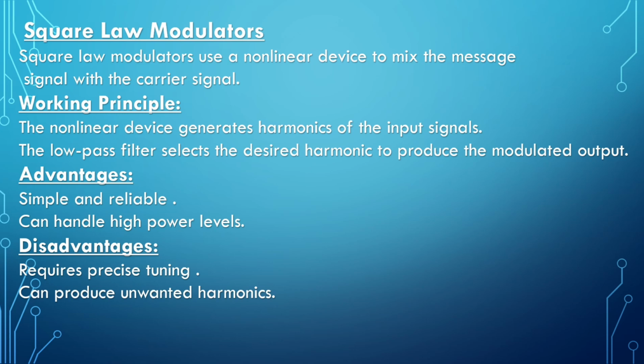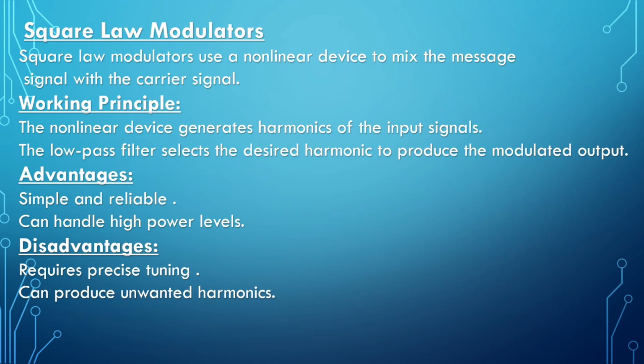Disadvantages are that it requires precise tuning and can produce unwanted harmonics. It concludes that it is very simple, but it also requires precise tuning and produces unwanted harmonics, and can handle high power levels. This is all about square law modulators.